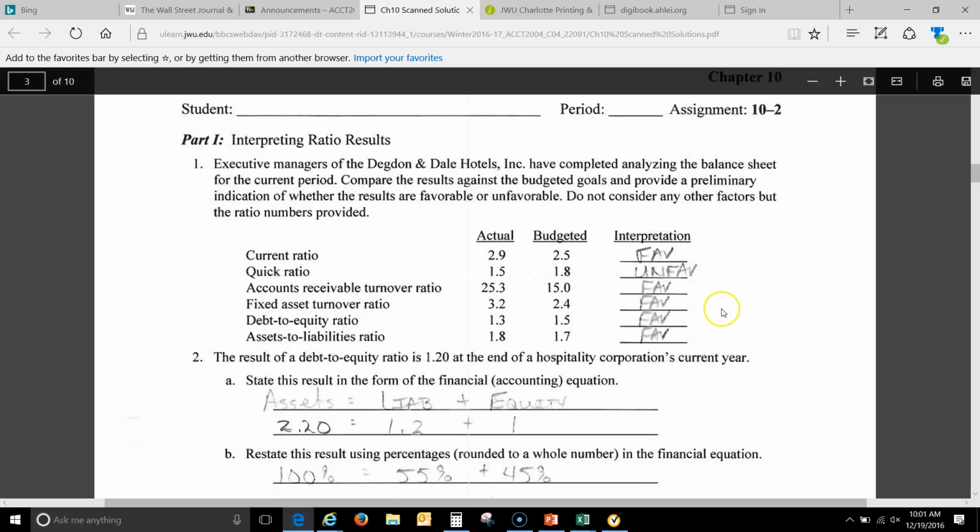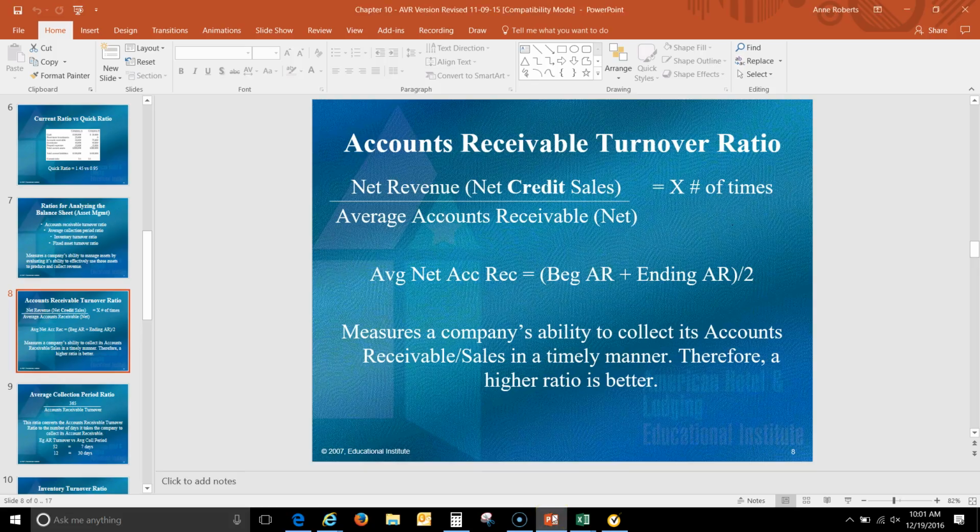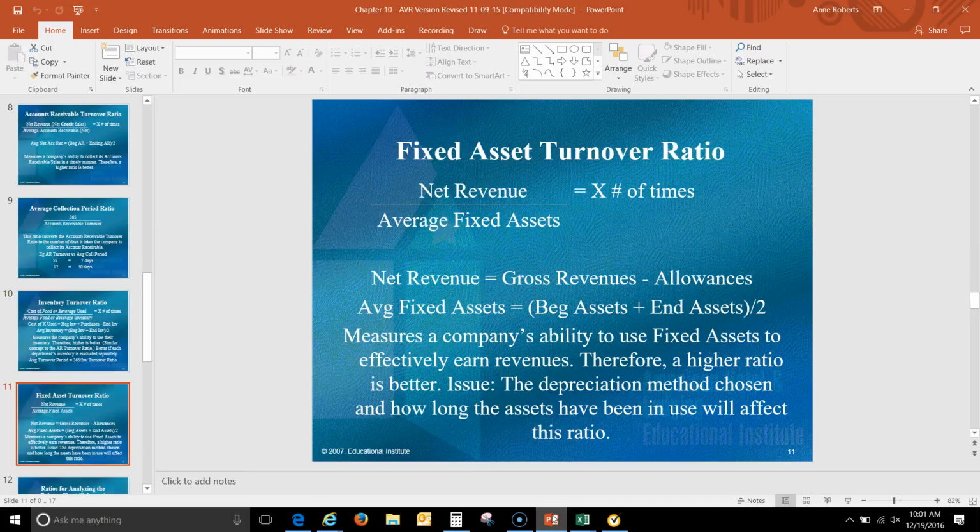All right, let's take a look at the next one. Fixed asset turnover ratio. Remember, when we're looking at fixed asset turnover ratio, we're trying to figure out how many dollars of revenues we are earning for every dollar that we have invested in fixed assets.